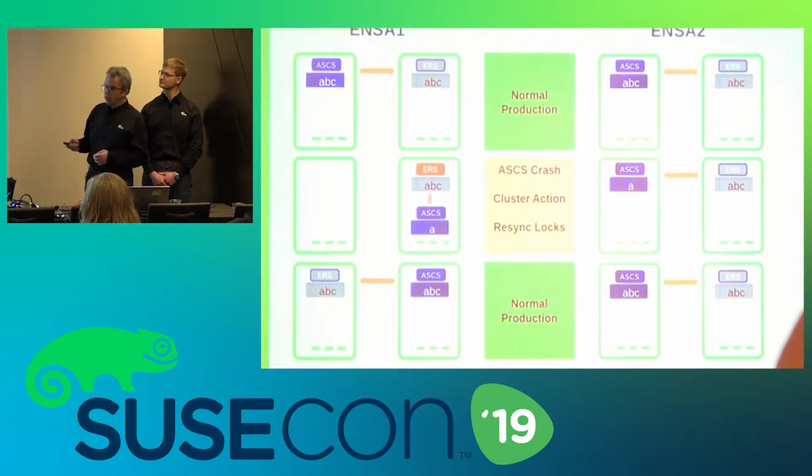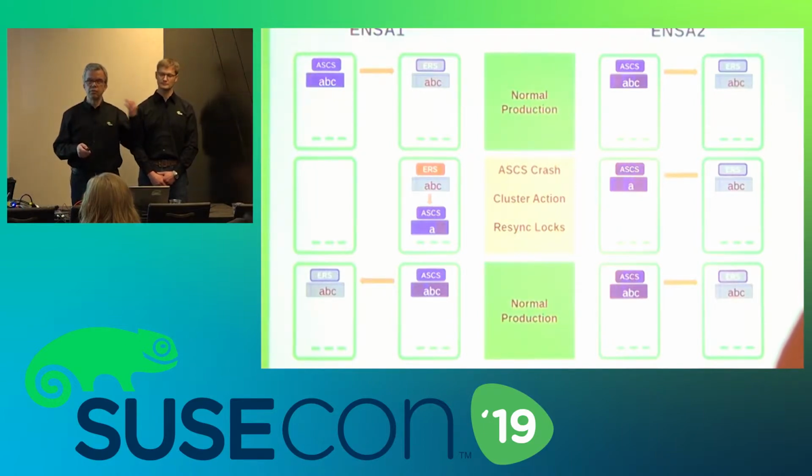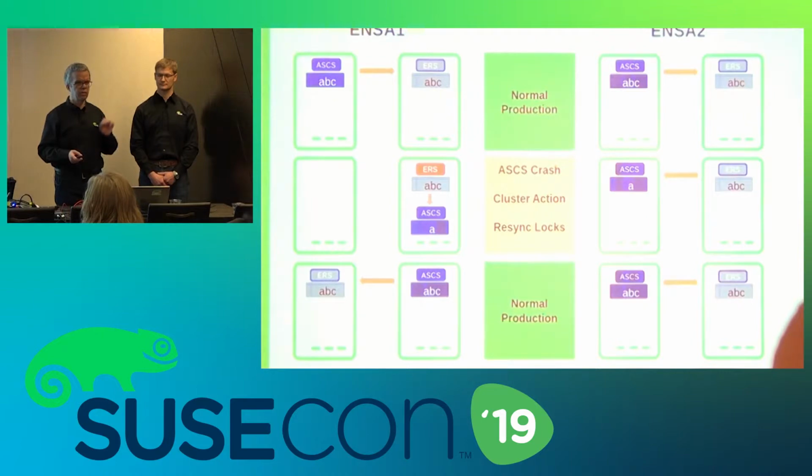So here on the left side you see the not old but the current thing, ENSA 1. It's the enqueue server standalone architecture in the first version. Whenever the ASCS would fail, the ASCS must start exactly on the server where the ERS was running before.